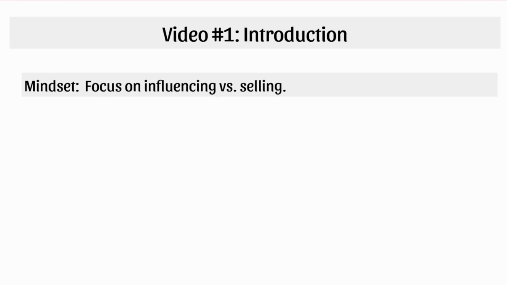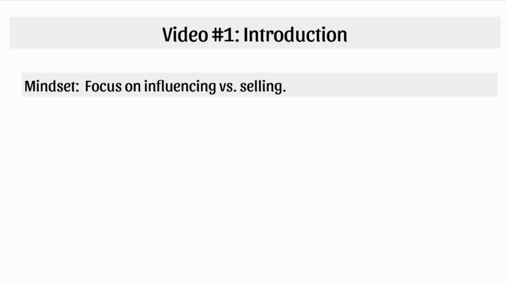So now what I want to do is talk about mindset, because having the right mindset going into this is so important. A lot of times as sellers, product owners, service owners, or business owners, at the end of the day, you're trying to sell your product, right?